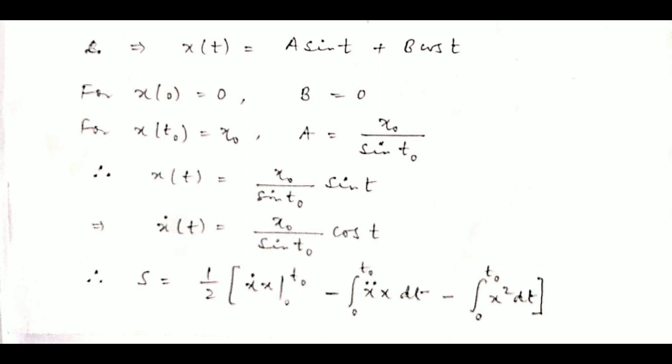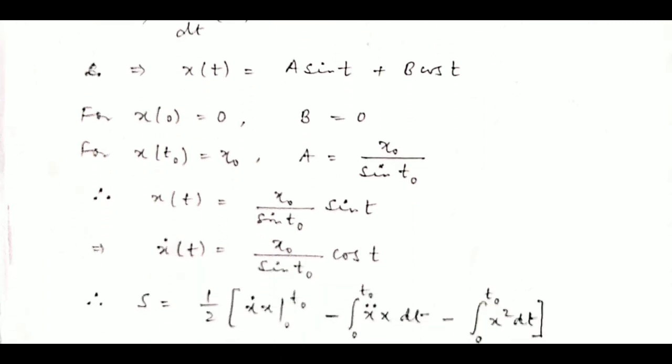Now if we differentiate this expression, we get x dot as a function of t, which is x naught into cos t by sin t naught. And when we replace these two, x double dot is equal to minus x, and x dot is equal to x naught into cos t by sin t naught.